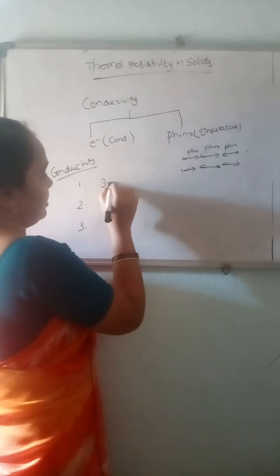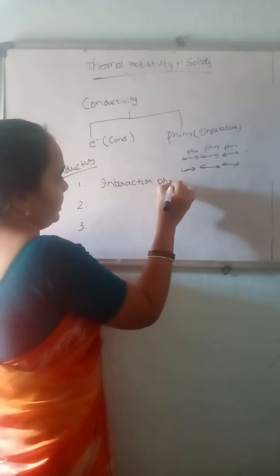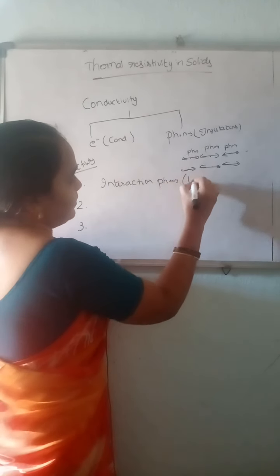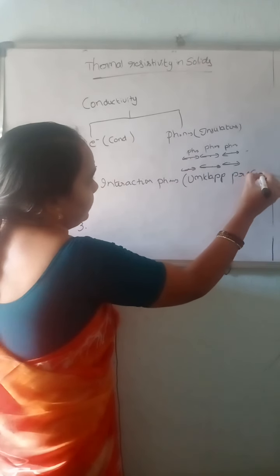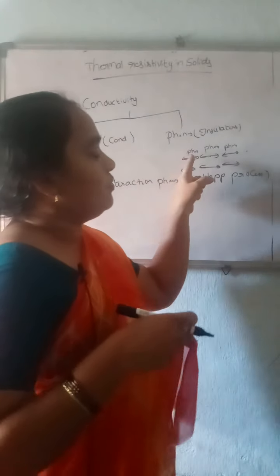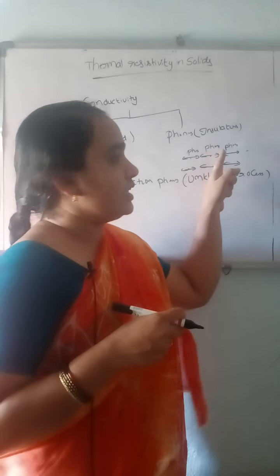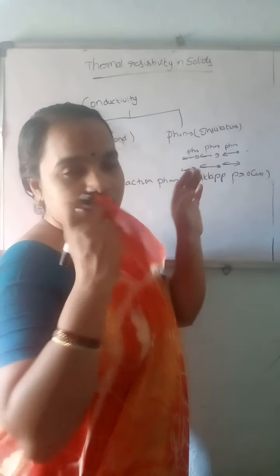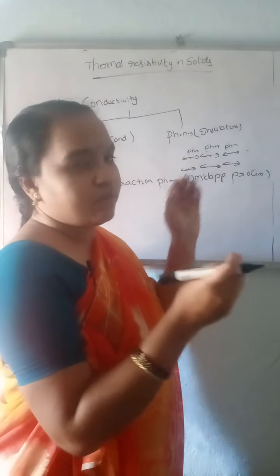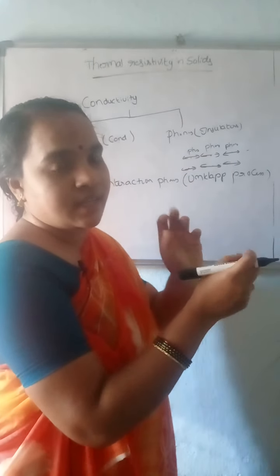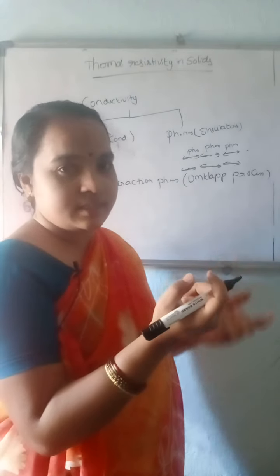The interaction of phonons is called the Umklapp process. One phonon is carrying thermal energy, the second phonon is also carrying thermal energy, similarly the next phonon. When they are carrying the thermal energy, these phonons interact with each other. They reduce the thermal conductivity, giving rise to thermal resistivity.